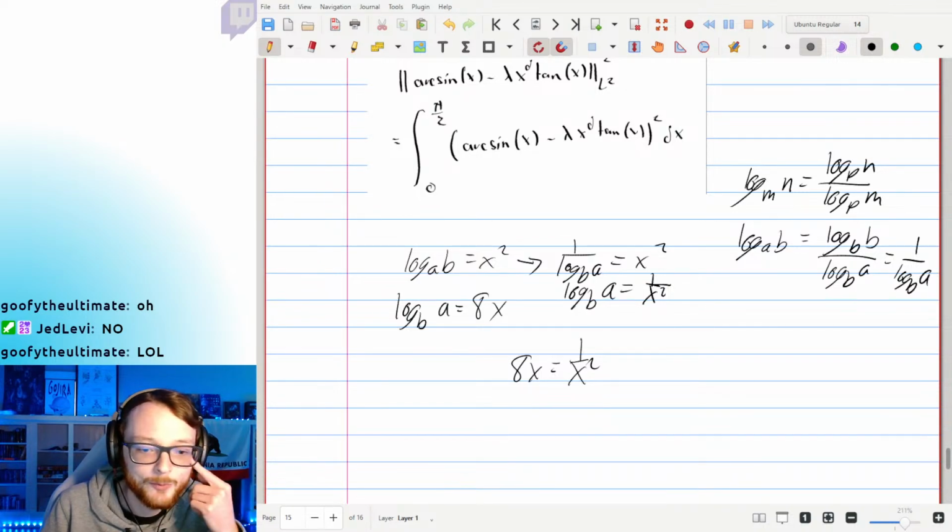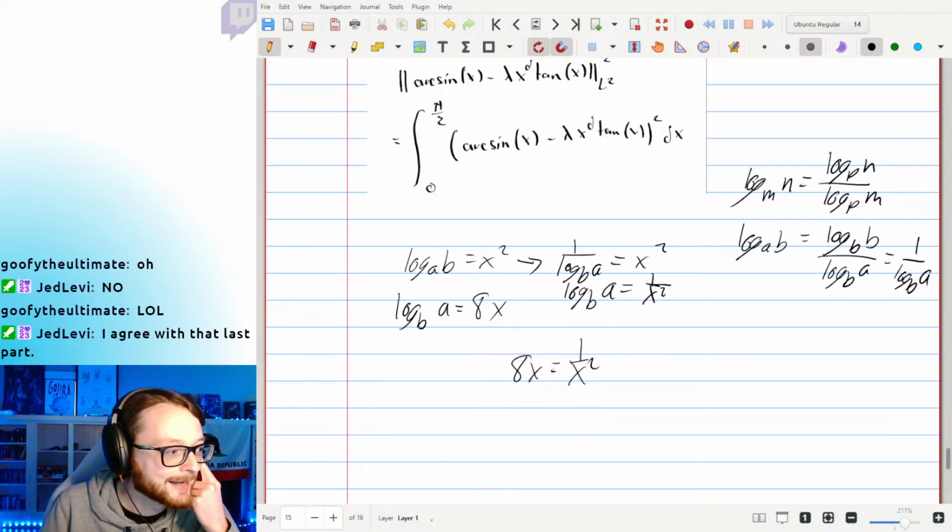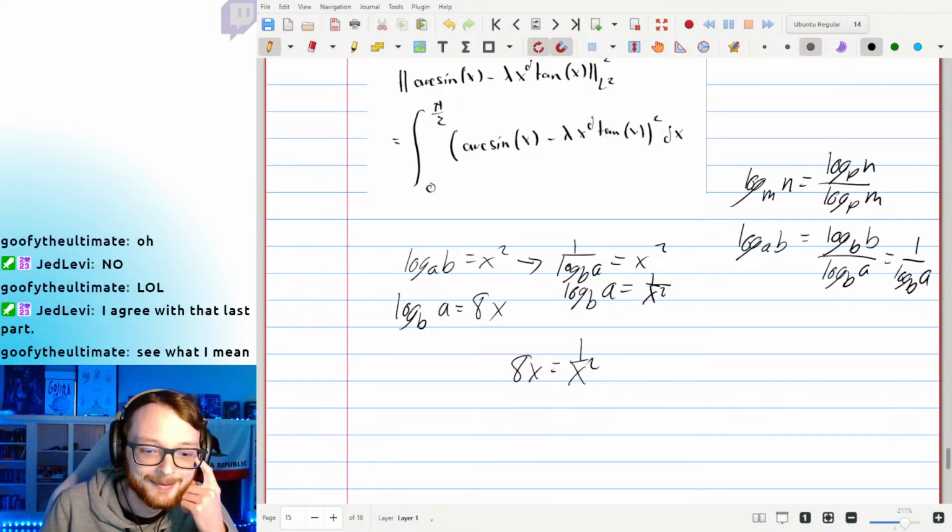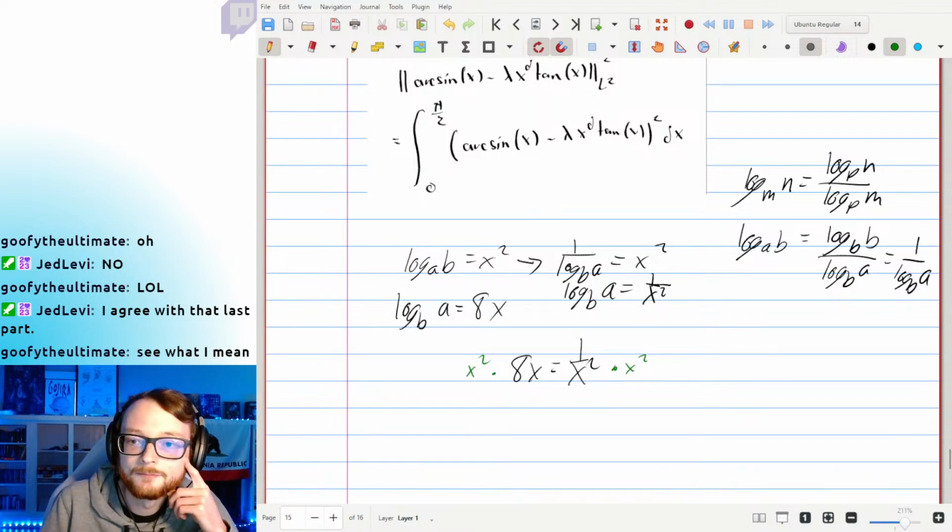And so now from here, we'll just solve this for x. It's really easy to make mistakes with this. To solve this for x, we multiply each side by x squared to get rid of the denominator. So we get 8x cubed equals 1.